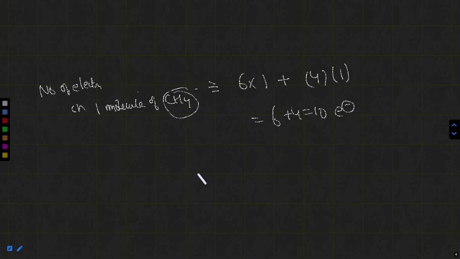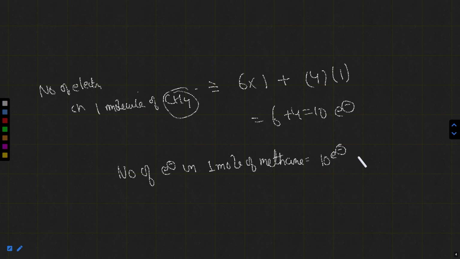Now you have to calculate the number of electrons in 1 mole of methane. So 1 molecule contains 10 electrons. So 1 mole will contain 10 multiplied by 6.022 into 10 to the power 23 electrons.